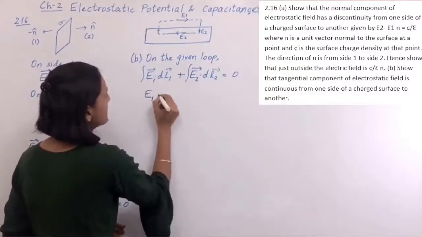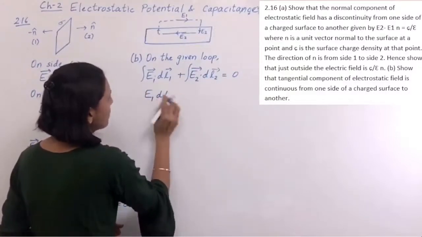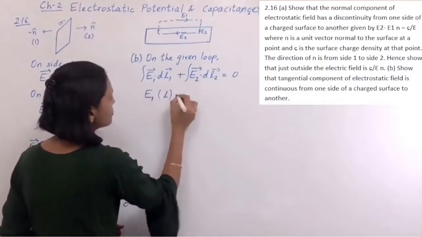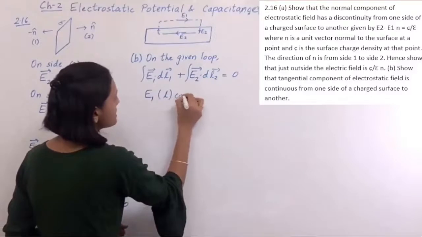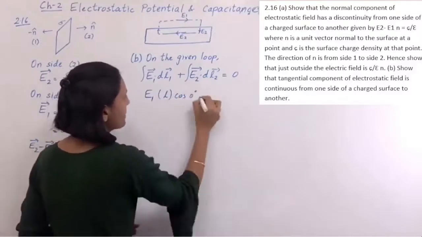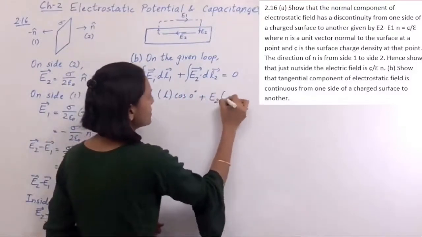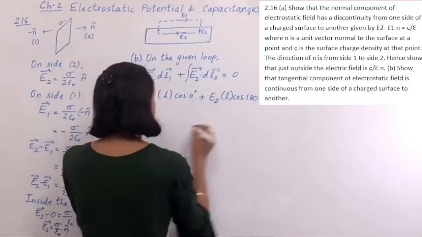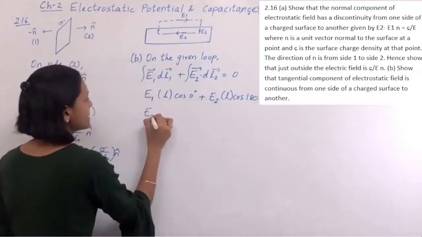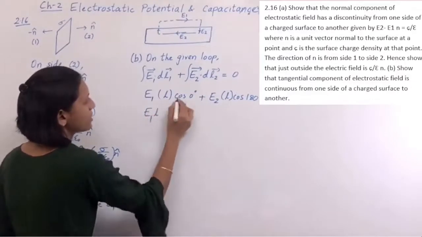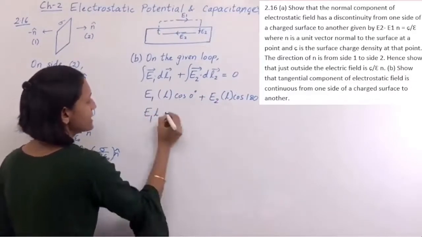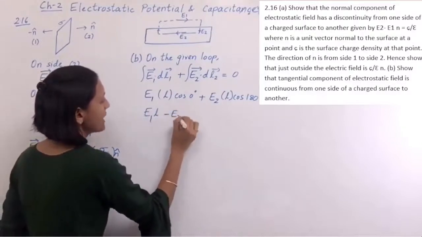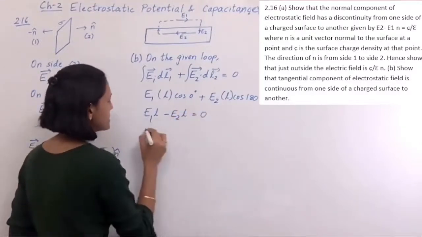So E1 into L cos 0 plus E2 into L cos 180 degree equals to 0. That means E1L, cos 0 is 1, this is minus 1, so minus E2L equals to 0.